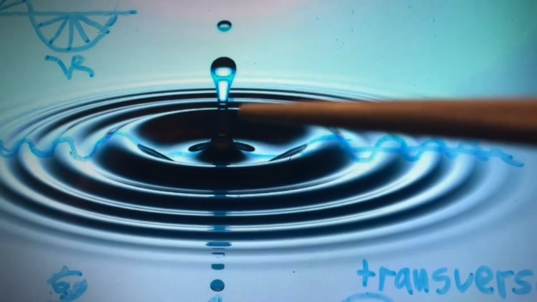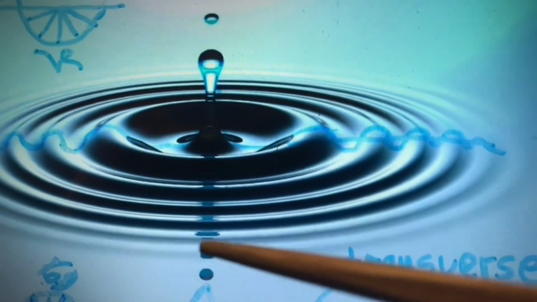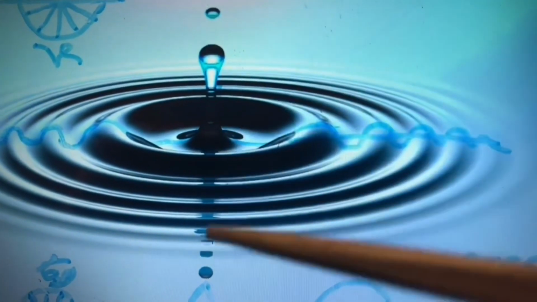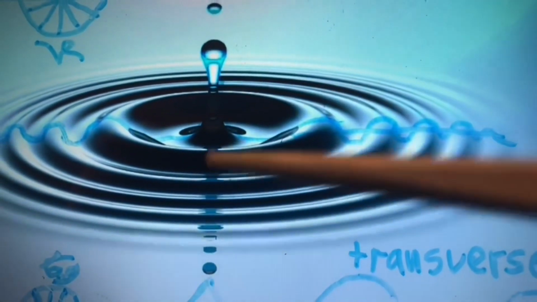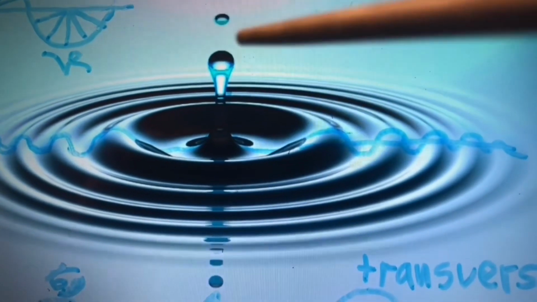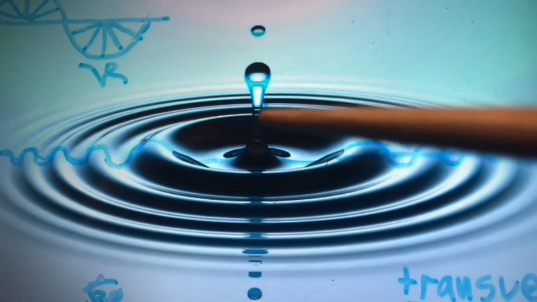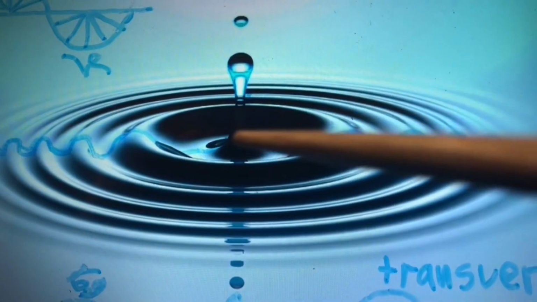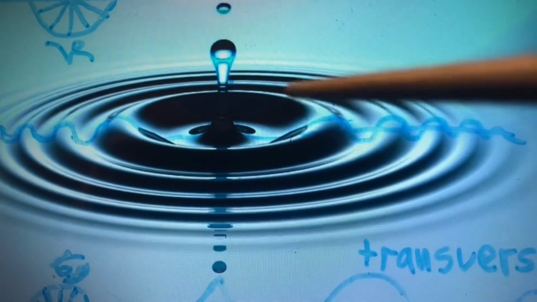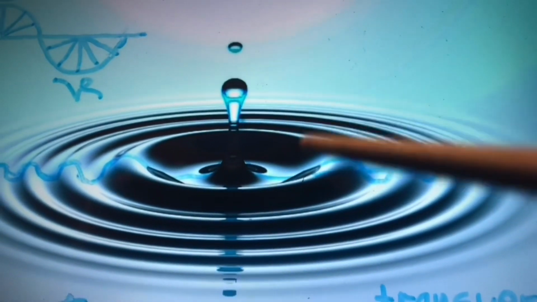You have compression happening, and after compression, it's rarefaction. So red and blue. This is a symbol of the universe, and even a symbol of a lot of things, like a menorah and flat earth, because this is how it visually looks.